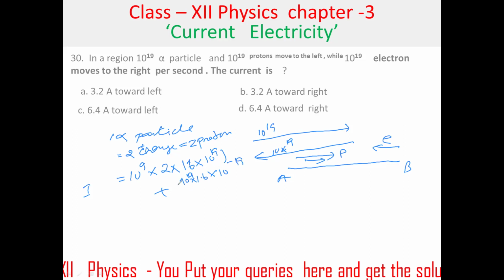Okay, charge. Here you see, this would be positive charge, this would be negative charge. So on calculation, it is coming 6.4 ampere. So is it clear to you?